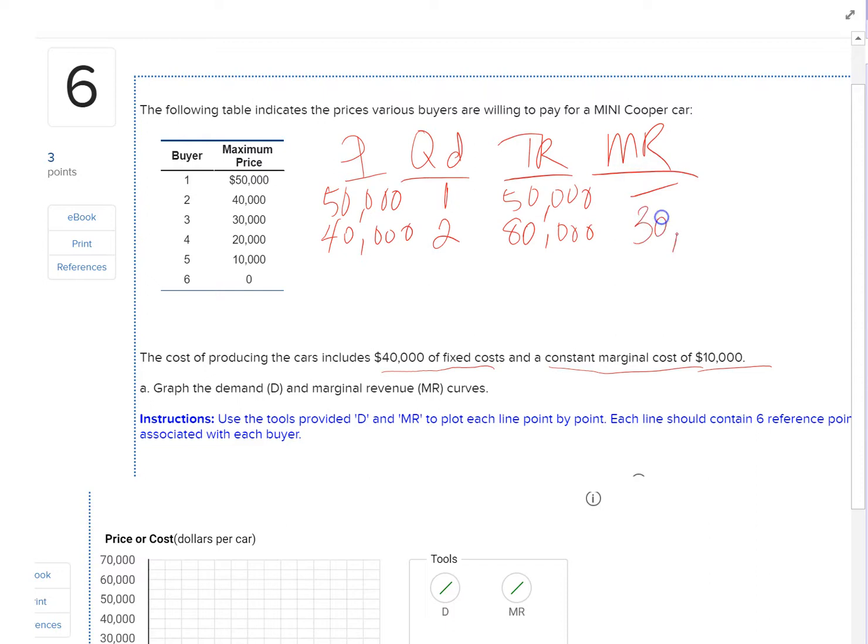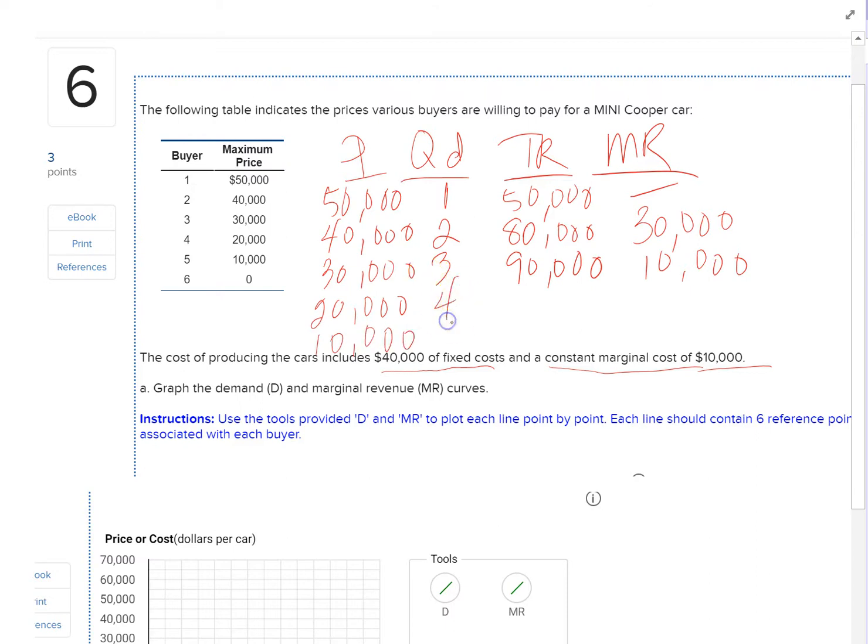So our marginal revenue here is $30,000. We'll go to our next price, $30,000, and now 3 are demanded, bringing a total revenue of $90,000, marginal revenue of $10,000.